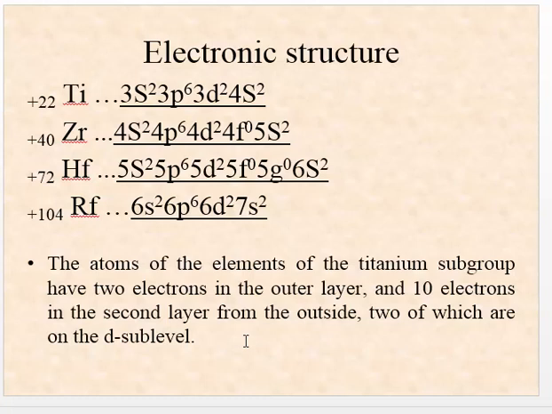The atoms of the elements of the titanium subgroup have 2 electrons in the outer layer and 10 electrons in the second layer from the outside, 2 of which are on the d sublevel. Example here, 2 electrons in the d orbital.